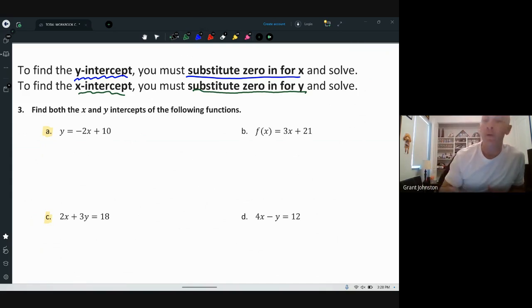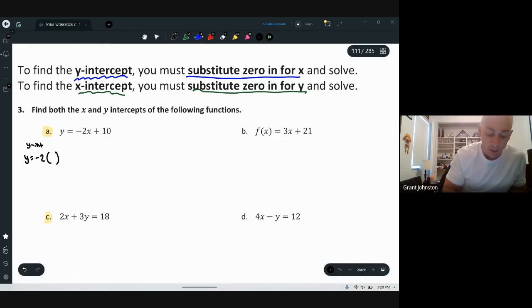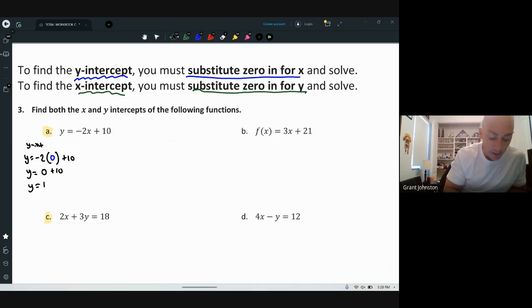But if I were to follow those instructions, I'm going to label y-intercept. I would do y equals negative 2, substitute 0 in for x. Negative 2 times 0 is 0. 0 plus 10 is 10. So the y-intercept is at 0, 10.